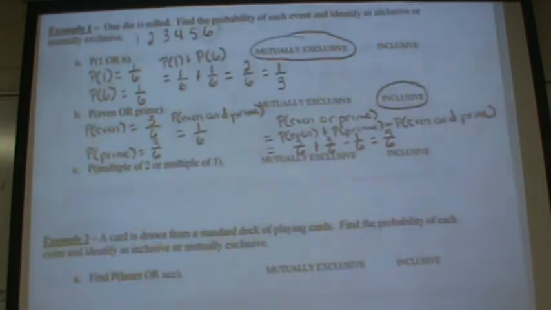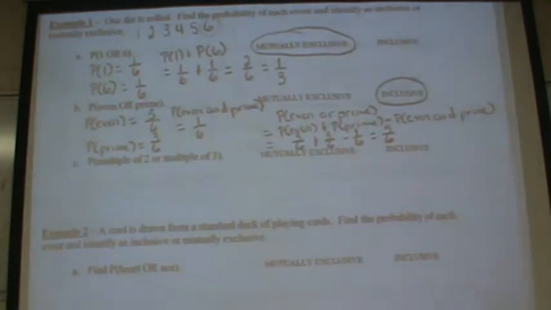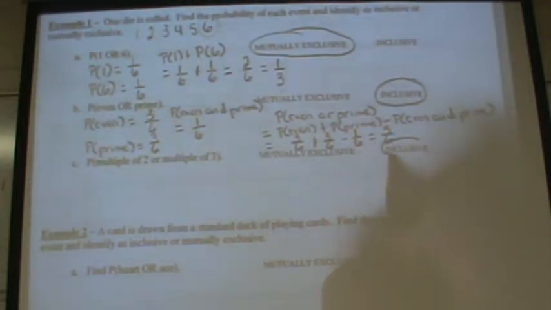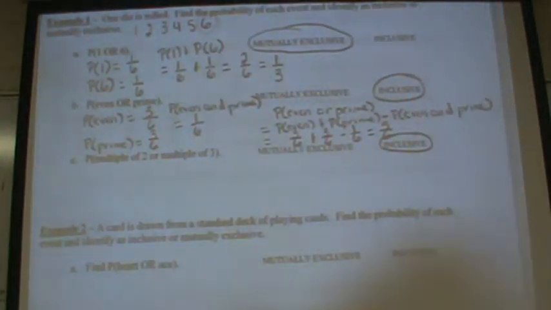These would be inclusive events because 6 is a multiple of 2 and it's a multiple of 3. So we have an event that could occur in both situations. So that's what makes it inclusive.